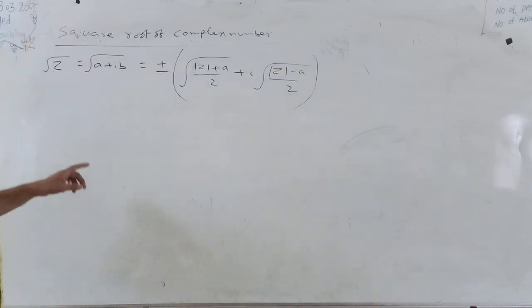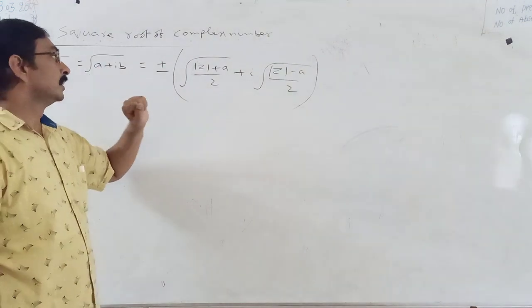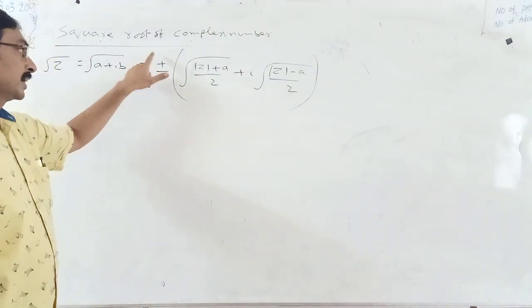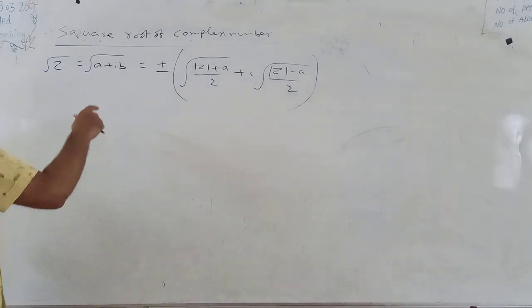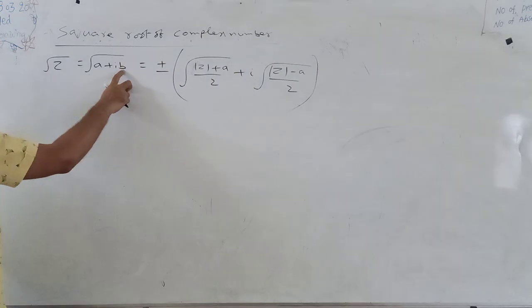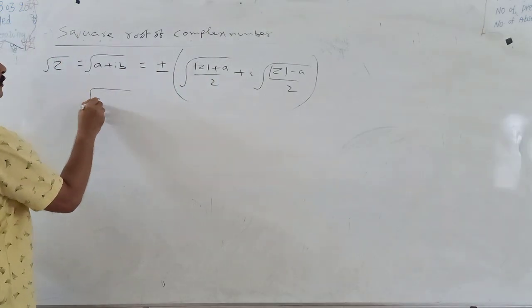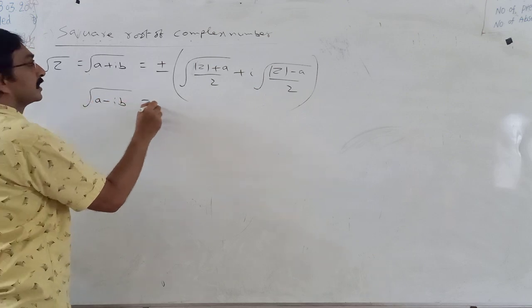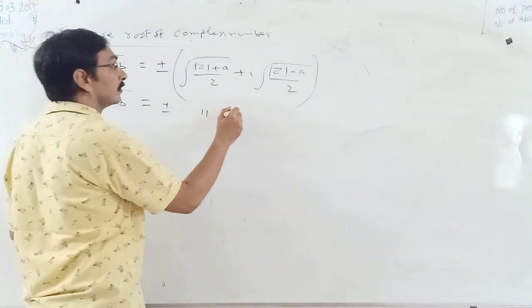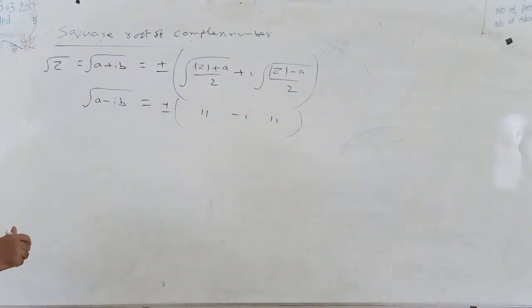So there exist two square roots of any complex number a plus ib. Formula for square root of complex number: in front plus or minus, common, plus case, minus case. If imaginary part is positive, then here plus sign. If imaginary part is negative, then here minus sign. That means, similarly, root of a minus ib equal to plus or minus of this minus i into remaining part is same.